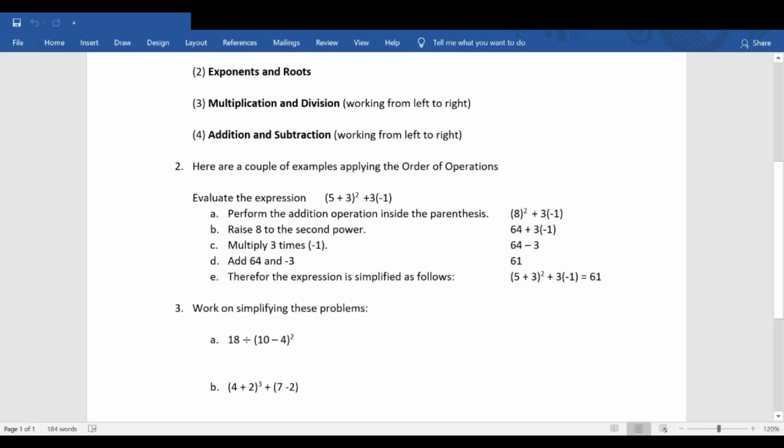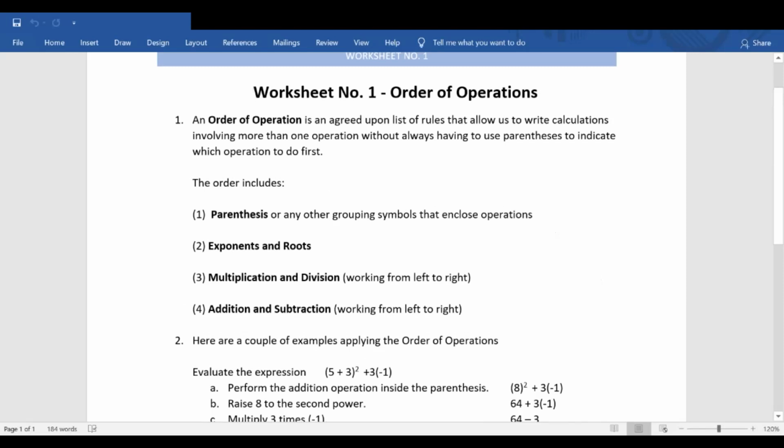So if you had 18 divided by (10 minus 4) squared, you would take the 10 minus 4 first, right? And get 6, square it, 36. 18 divided by 36 happens to equal 1 over 2, so it makes it easy. But these are the rules, okay?